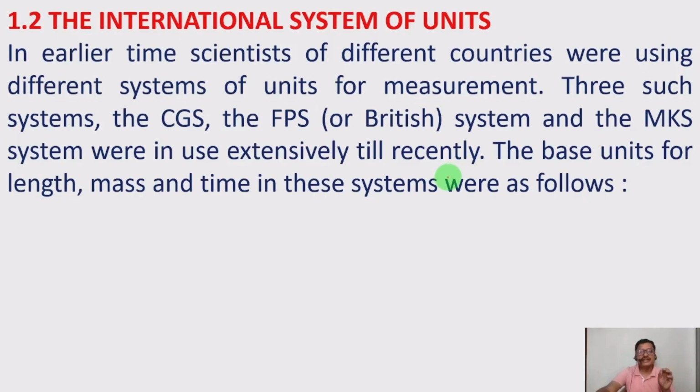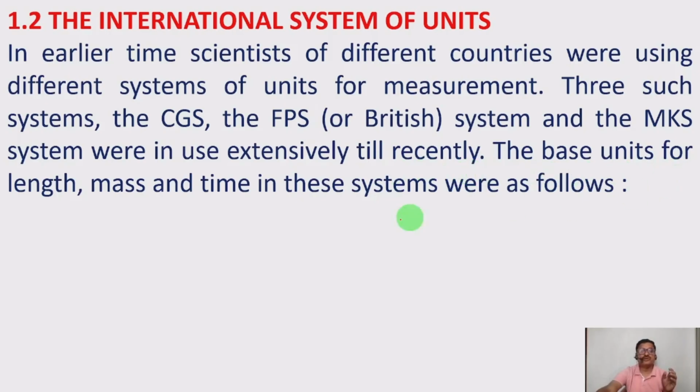There are three such systems. One is CGS, the second is FPS, which is also called the British system, and the third one is MKS. I'll elaborate further. The MKS system was used extensively till recently, in practice.